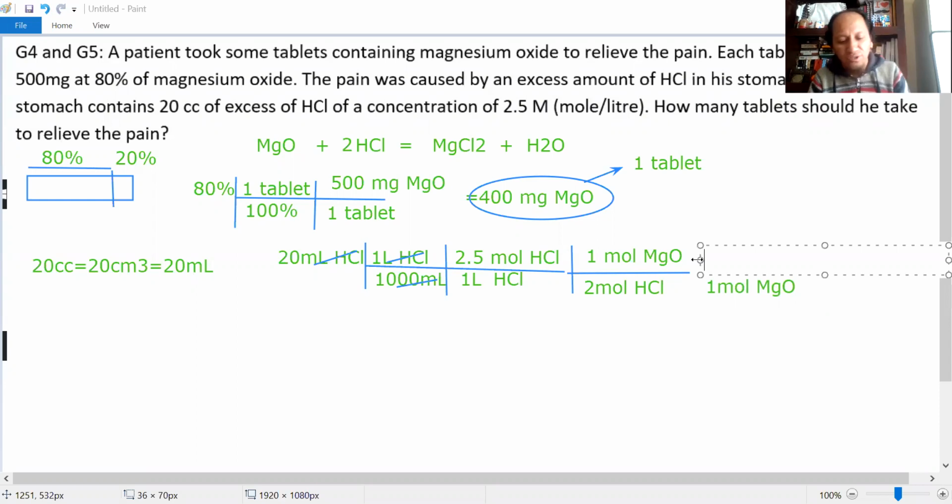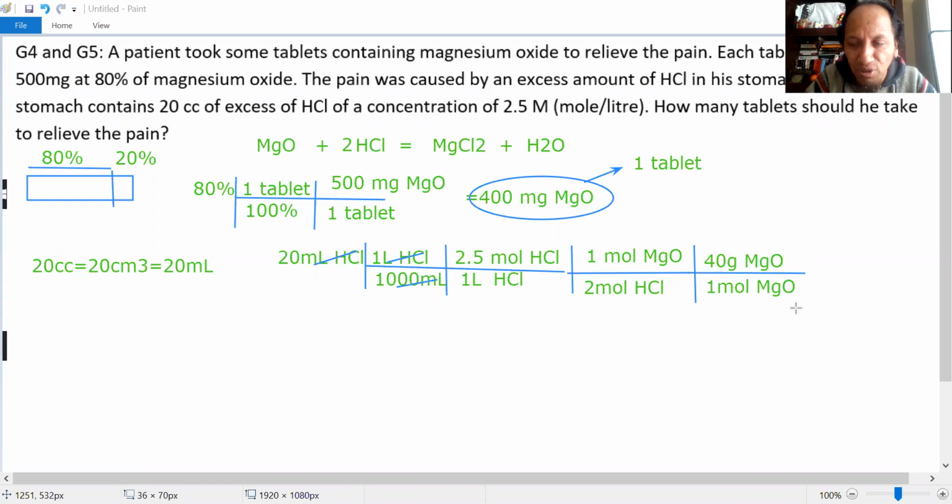You do the addition, you go to the mass: magnesium is 24 grams plus 16. Basically, it's 40 grams of MgO, right? And then you finish the conversion.